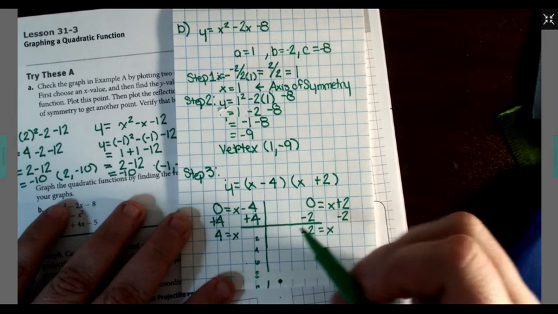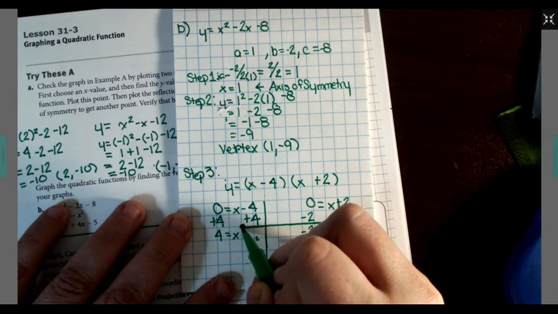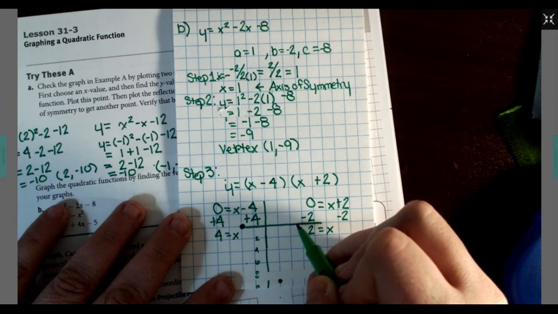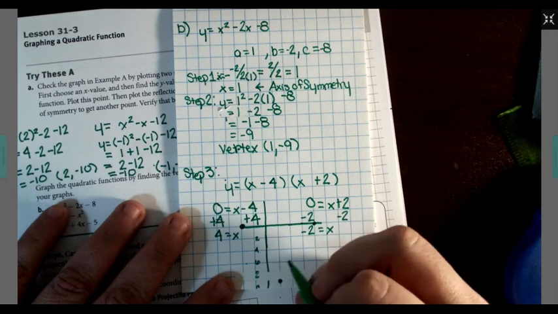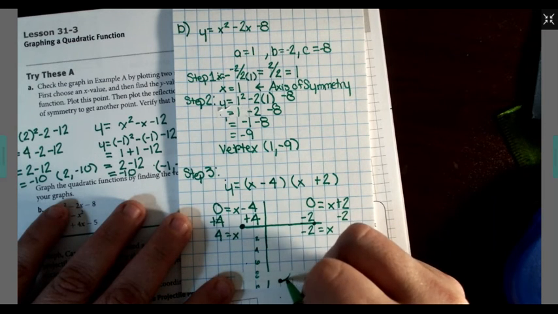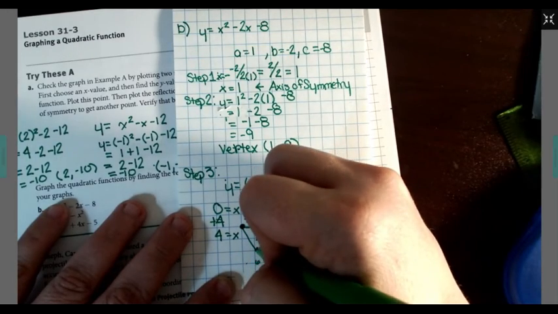And then we have zeros at -2 and +4. This is 2, 3, 4. So the graph is going to look like such.